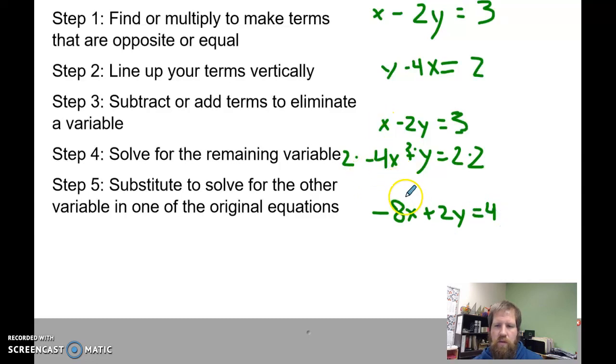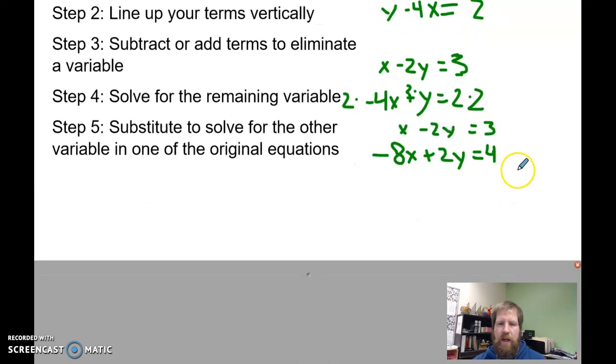Just to help, I'm going to bring these down. x minus 2y equals 3. Because I'm using addition, I am not going to rewrite it like I did with the ones above where my terms are together. I'm just going to do it vertically. So x plus a negative 8x is going to be a negative 7x.